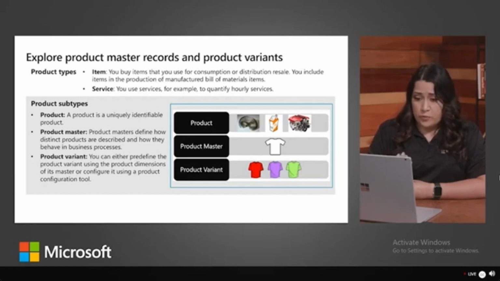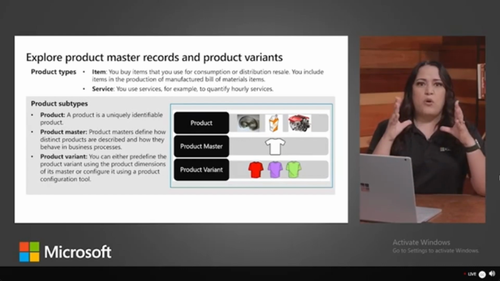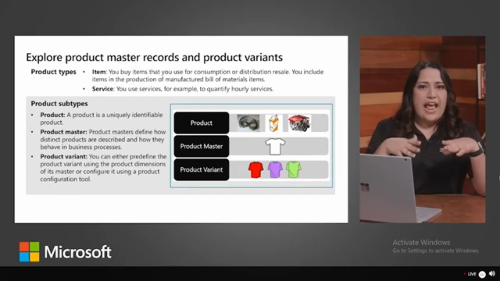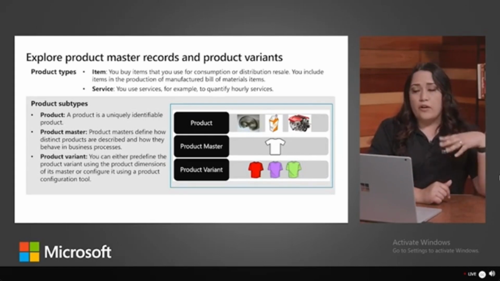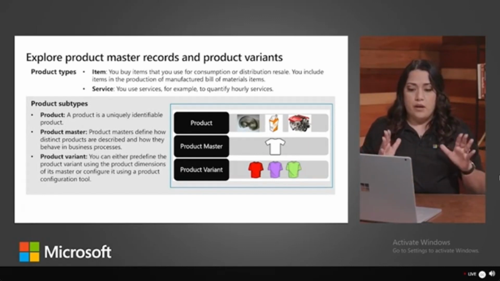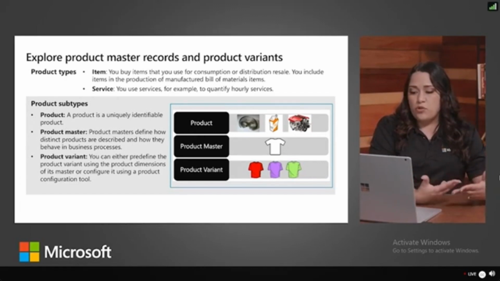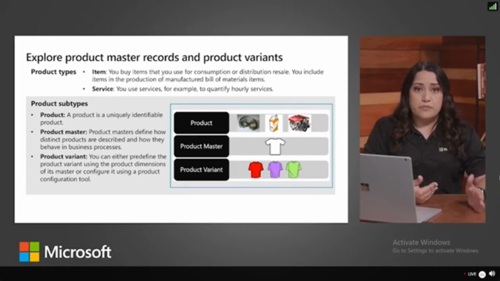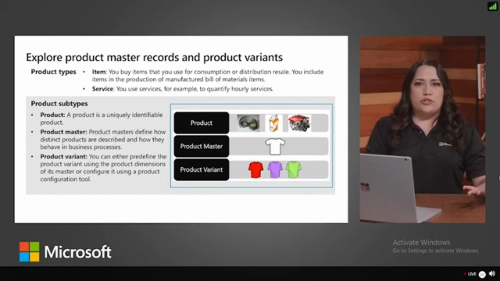But you could actually break these two different product types into what we call product or subproducts. Now, first we have a product. This is something that's unique. This is really the core of our product and it doesn't vary. So think of things like a screwdriver or a carton of milk or even an engine. But then we have the product master, which is what we use to create things called product variants. So the product master might be a general shirt.